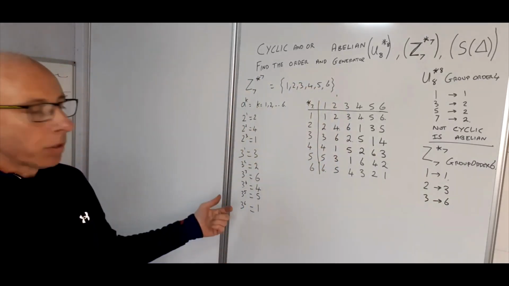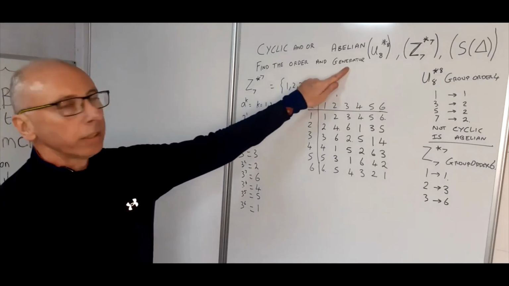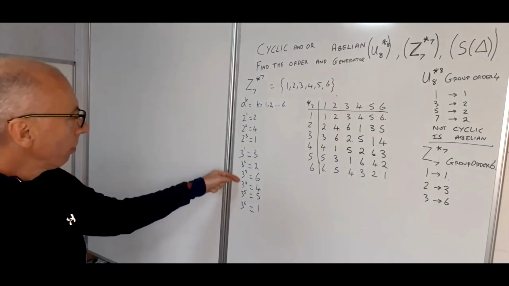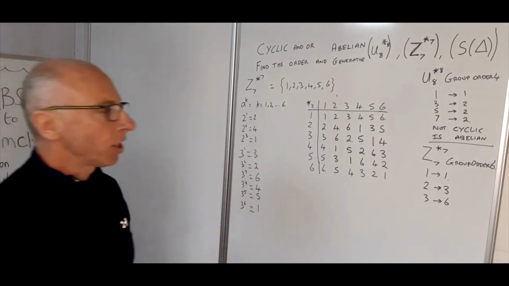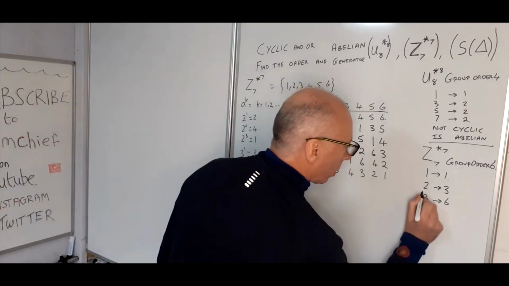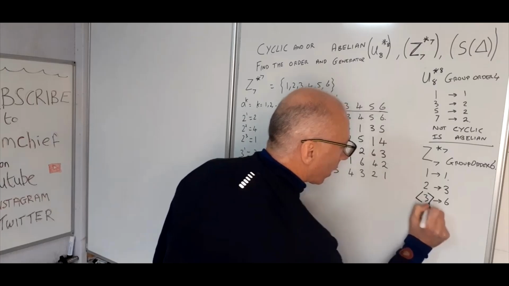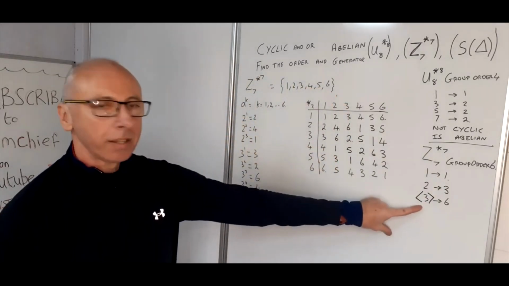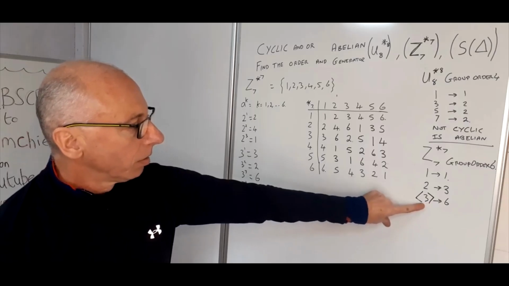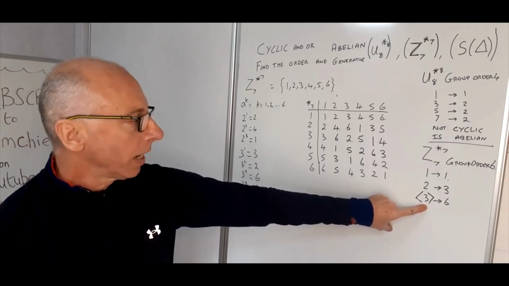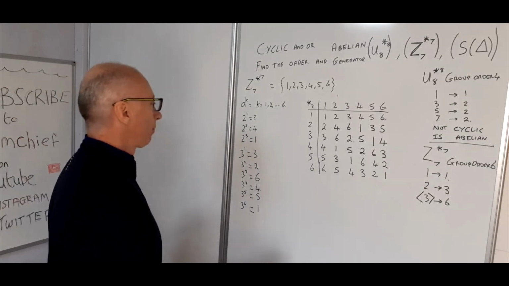Okay, so now we've come to a stage here where we've spotted a generator. So basically 3 will give us every element of the group. So 3 is a generator. What we can do is just signify that it's a generator. We can write it in these larger than and smaller than signs, but for this we just make it into a set. So 3 is the generator.